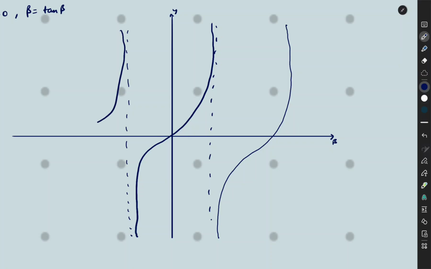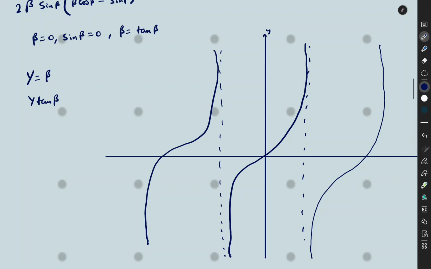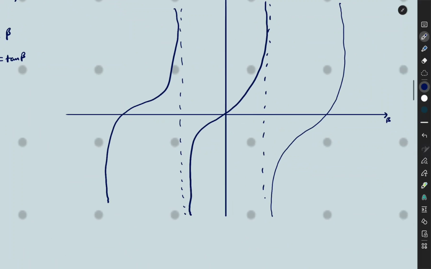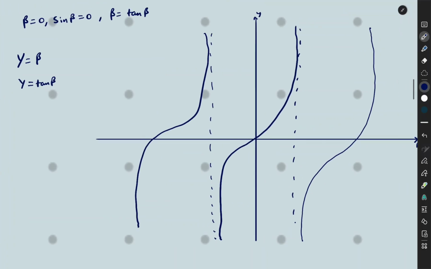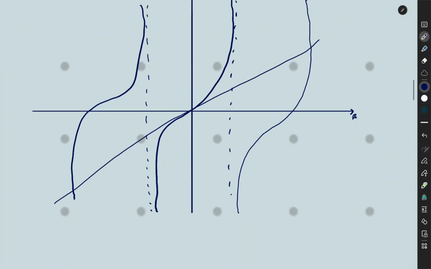So if we plot this graph, this is y equal to tan beta, and y equal to beta. The graph will be a straight line passing through the origin. So this will be the graph.